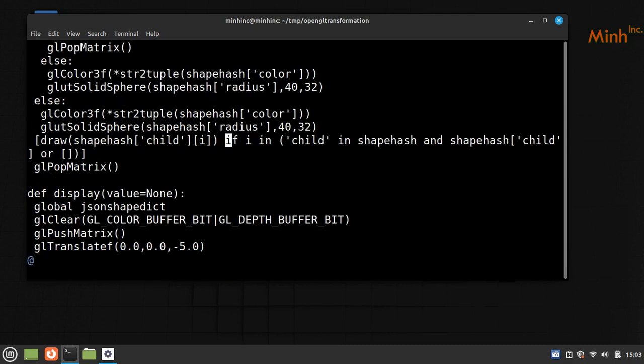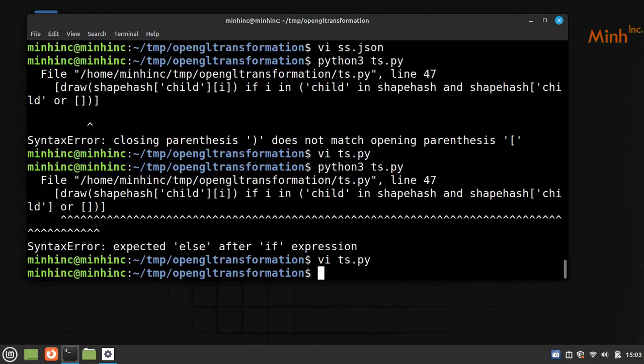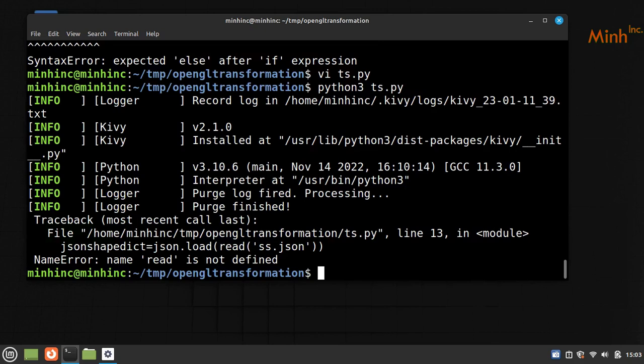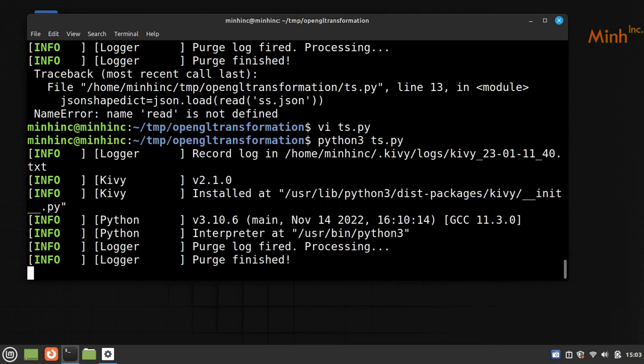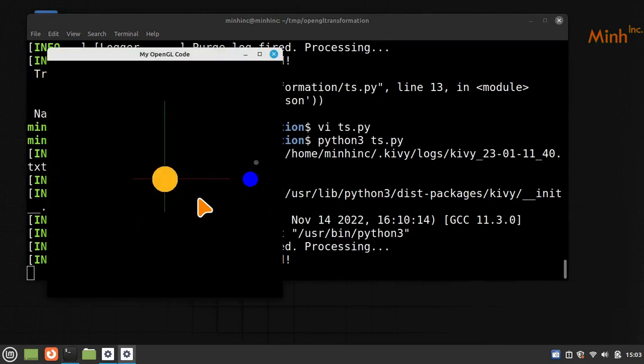Draw shape for i in... okay. So read is not defined. Okay, I don't want read. Okay, it is open. Oh, it's visible.